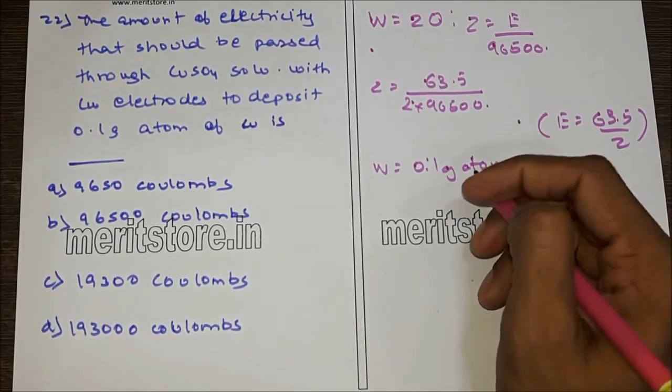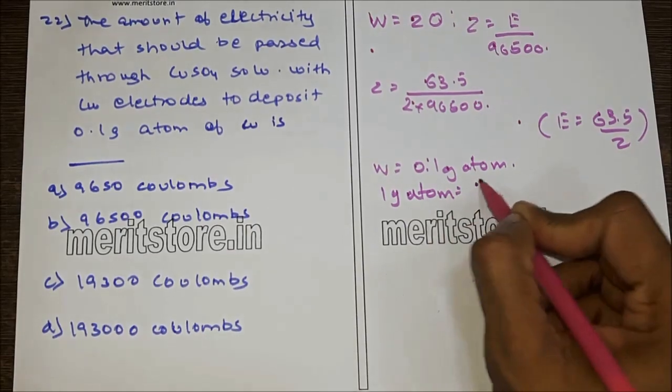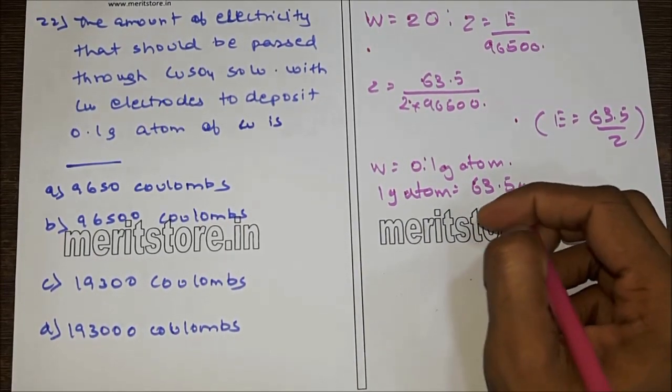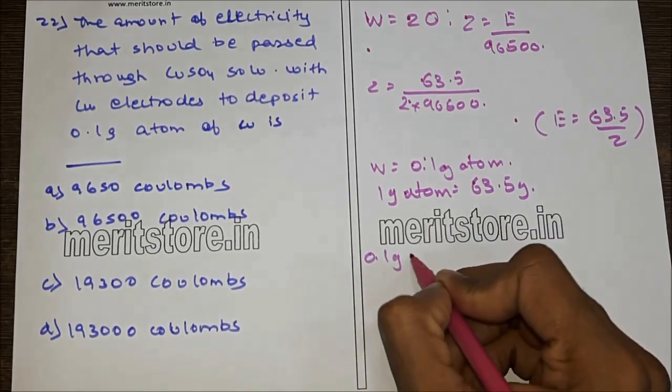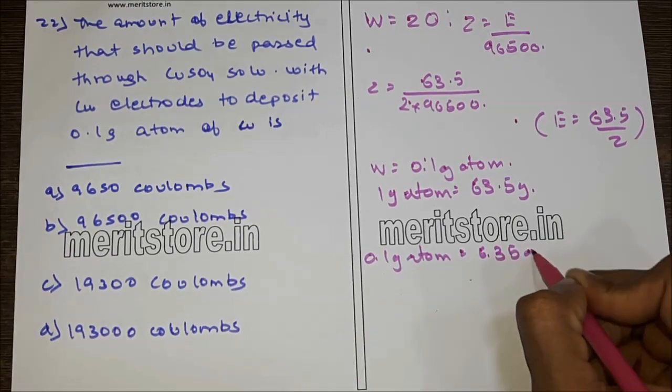For copper, 1 gram atom is equal to 63.5 grams. That is, 0.1 gram atom is equal to 6.35 grams.